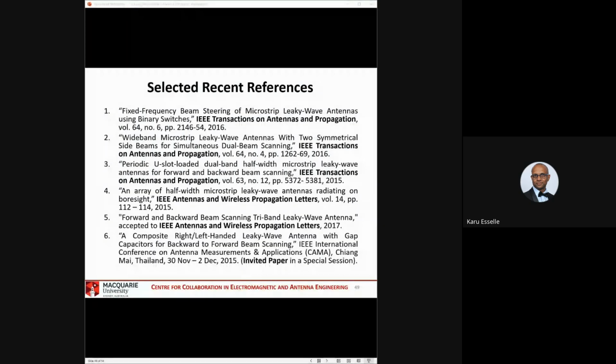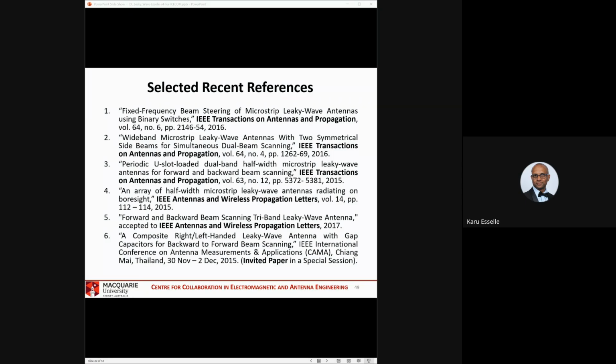In the 2D leaky wave theory, not the 1D leaky waves we looked at in my lectures, but two-dimensional leaky wave antennas, there's a way to describe their behavior using leaky wave theory. So that's why that name.